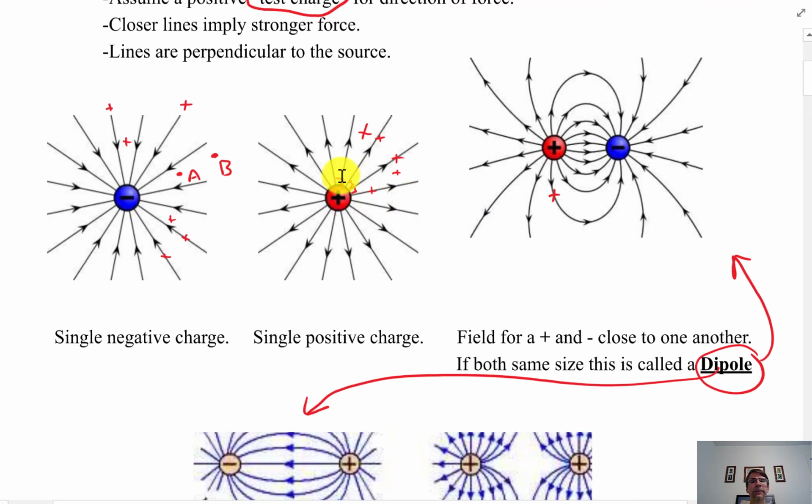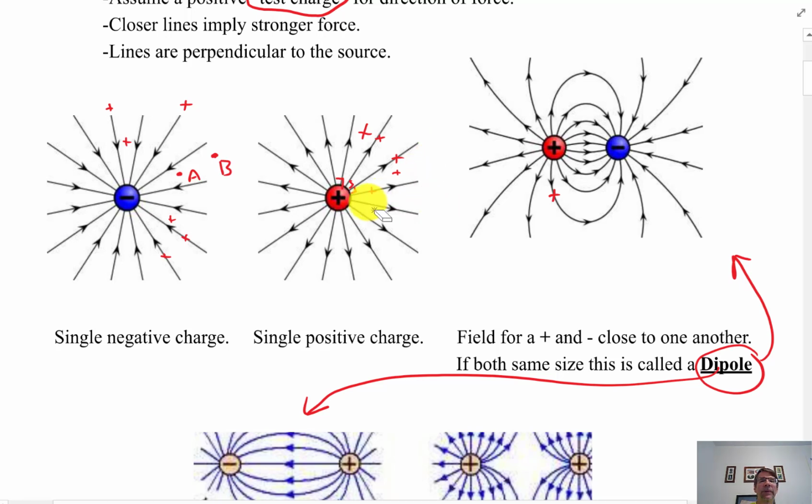For that positive 6, we're talking about a location right over here to the right of that. So if you were to draw one line, it would come out to the right, like this. I can put that arrow anywhere, and I don't have to draw the whole arrow that long.